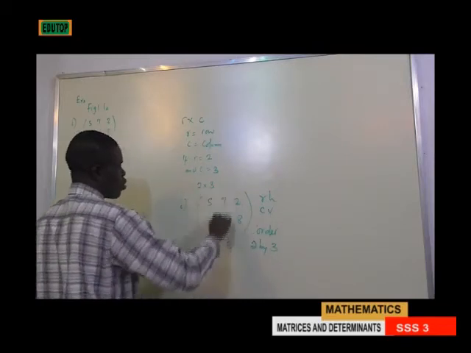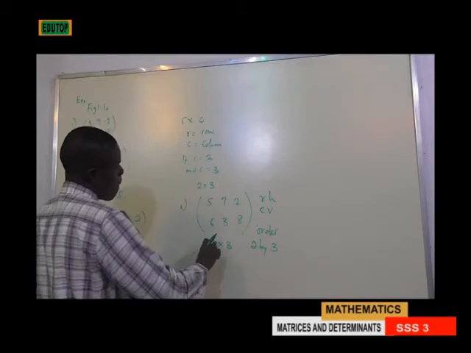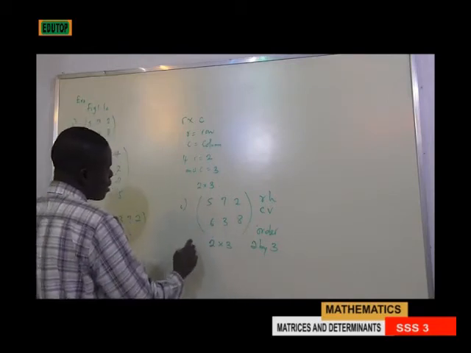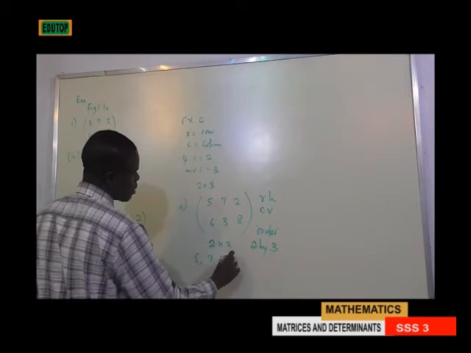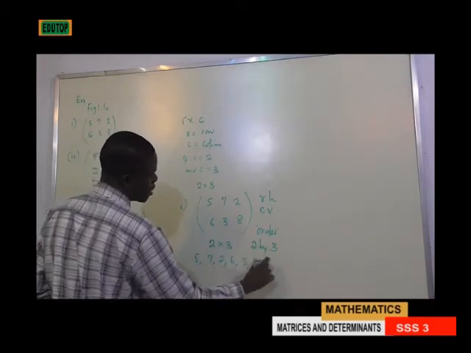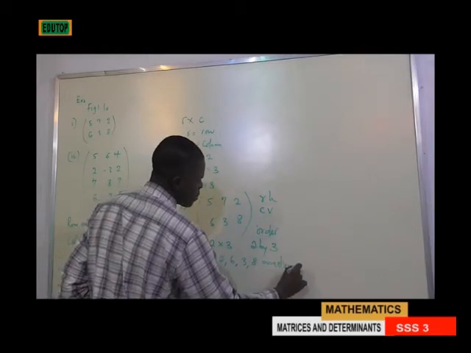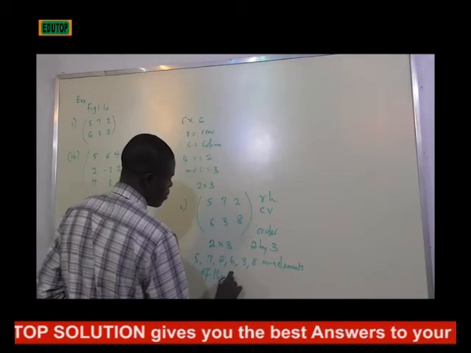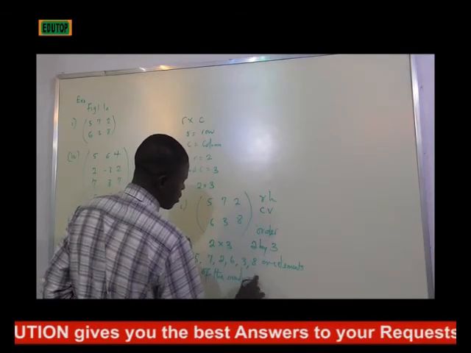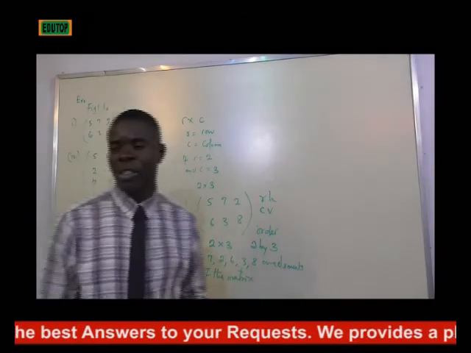So this matrix is 2 by 3, where 5, 7, 2, 6, 3, 8 are elements. They are all elements of the matrix.